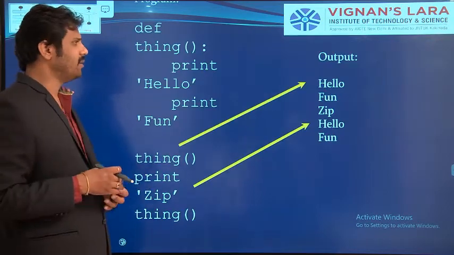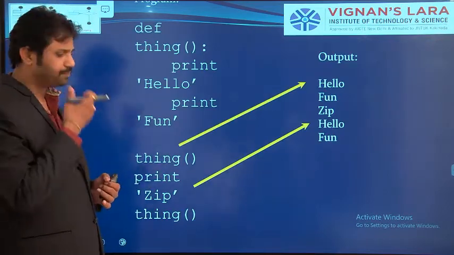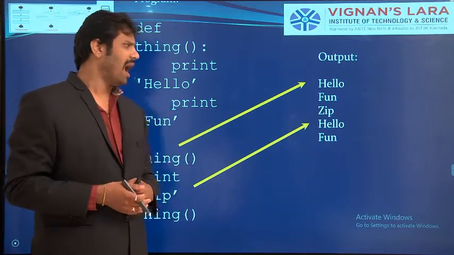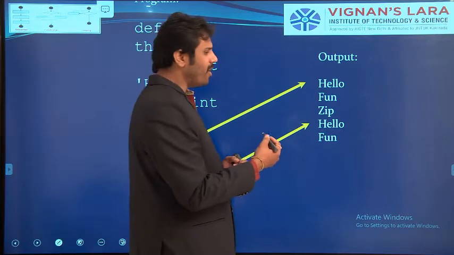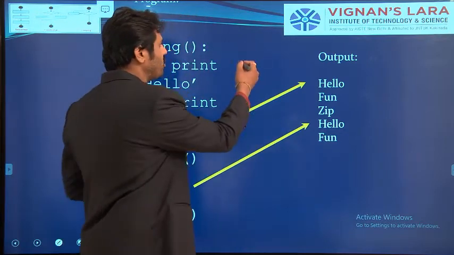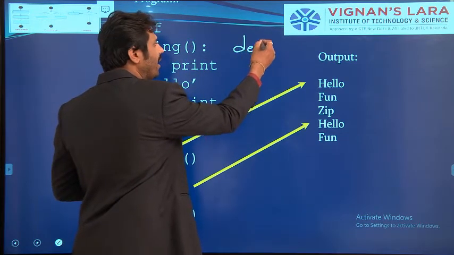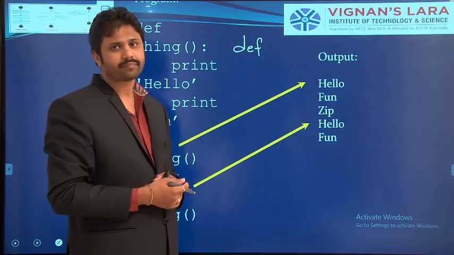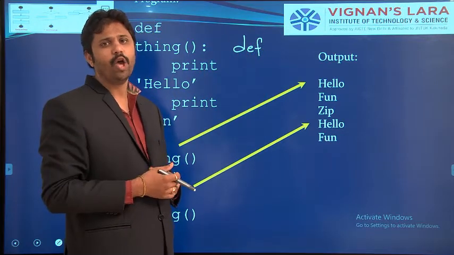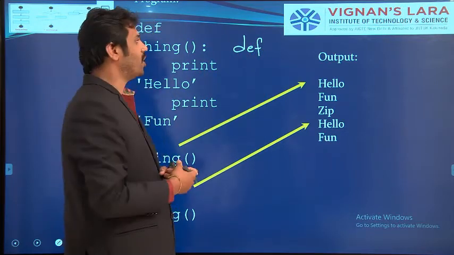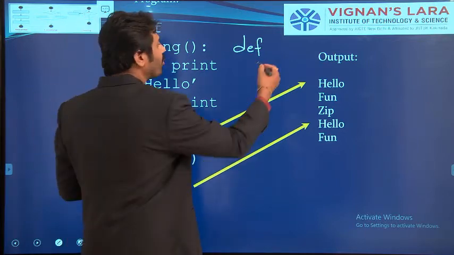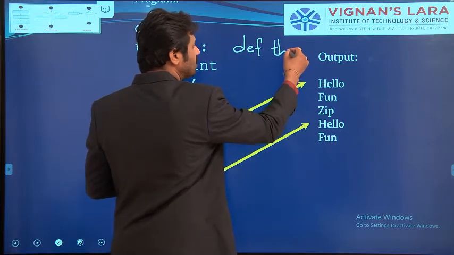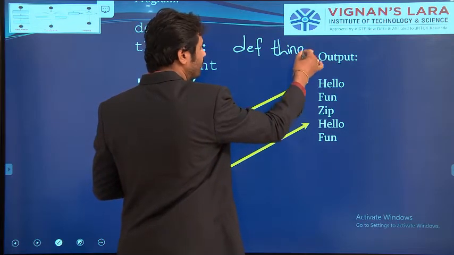Let us see this example. First, I am going to define a function. Let us see the syntax. Whenever you want to define a function, first you have the keyword def. Def is a keyword used to define a function. After that, you write a function name. I am going to write a function name, thing.